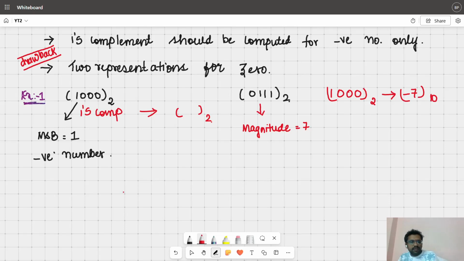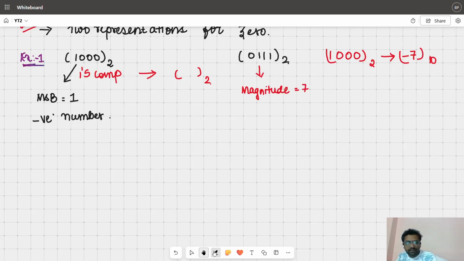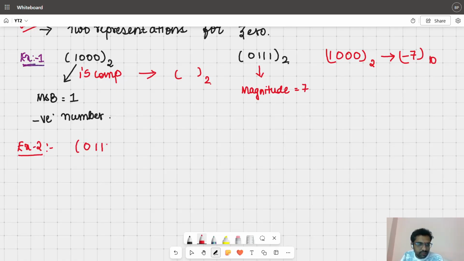So similarly, let us take one more example just for our analysis purpose. So let this be example 2. Here let us consider 0111 to the base of 2 is in the ones complement representation, and we want its equivalent. So here the MSB is 0.